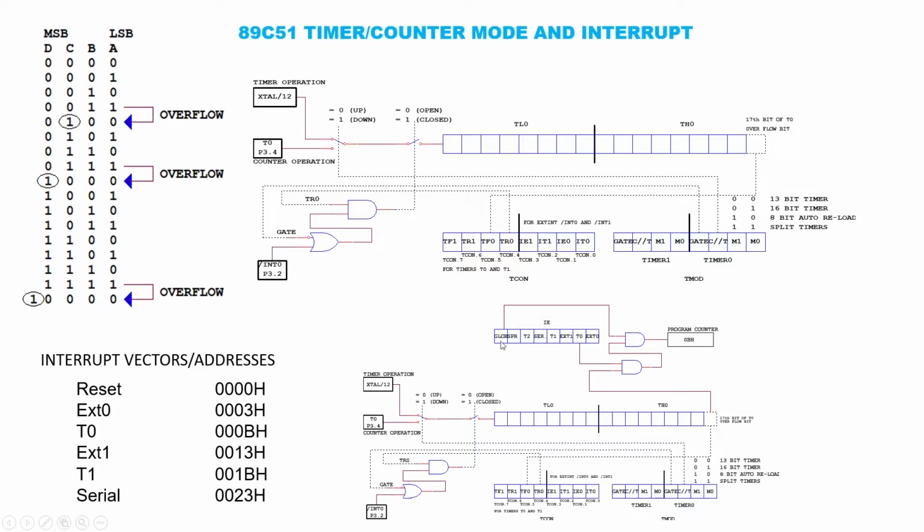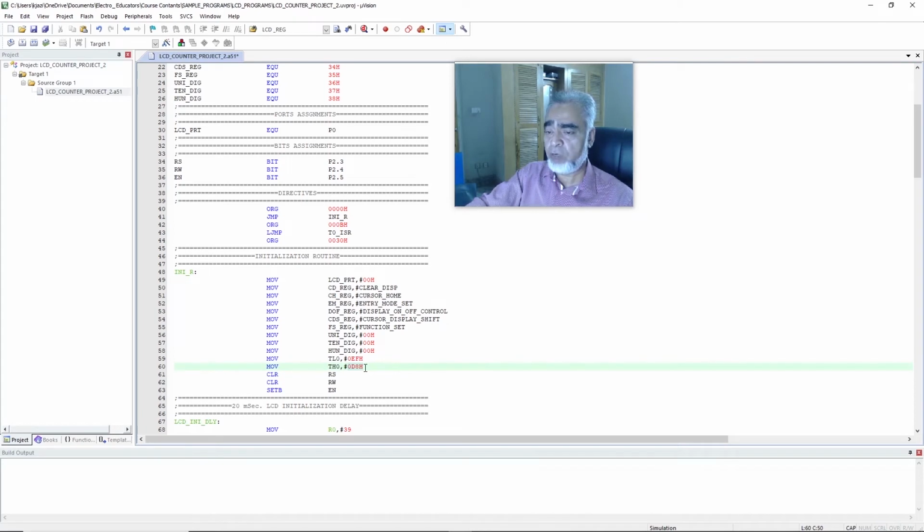If we set the global interrupt as 1 and timer 0 interrupt as 1, when the 17th bit will be 1, the program counter will jump to the 0B address. And now here we will initialize the value of the TMOD register.